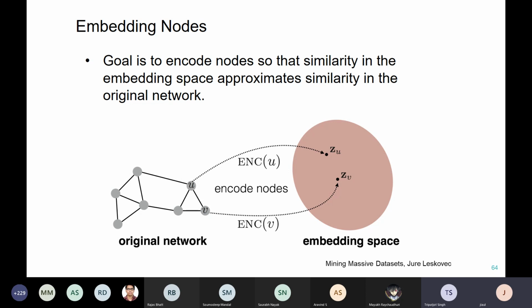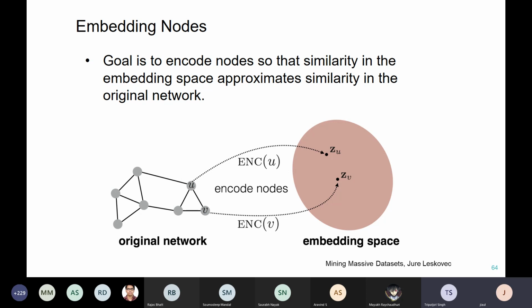Okay, so for example, if you look at this particular picture, on the left side of the graph, U and V are neighbors to each other. What we expect from this algorithm is that when you project U and V and all other nodes onto the vector space, the vector for U is ZU and the vector for V is ZV.